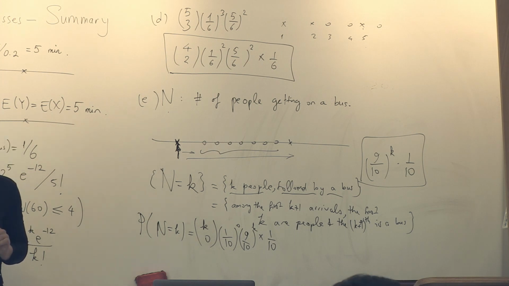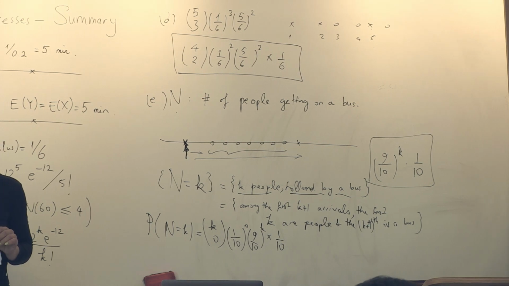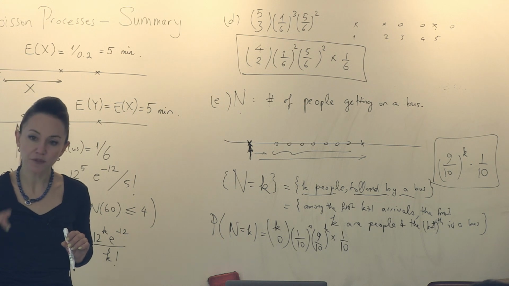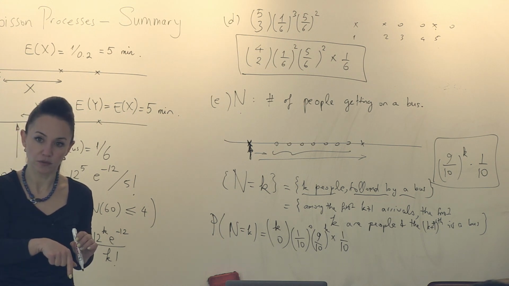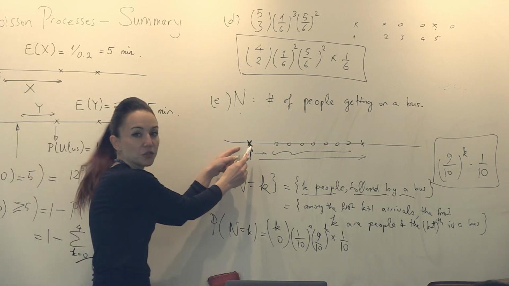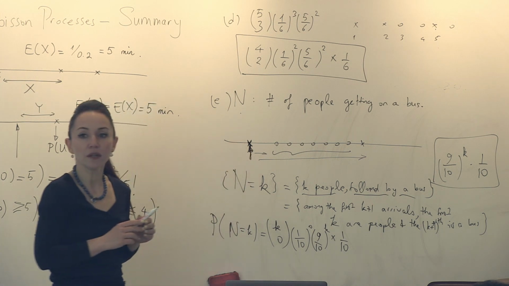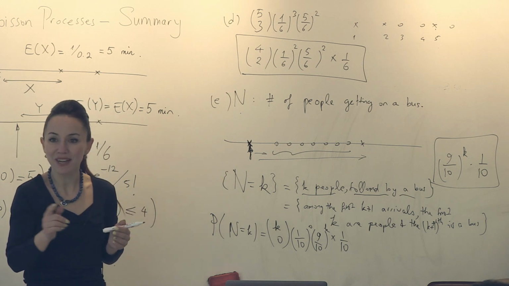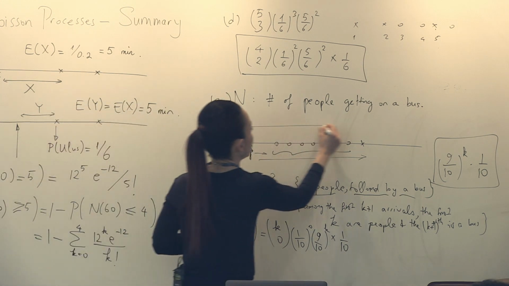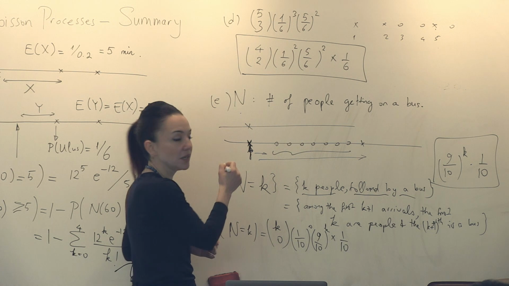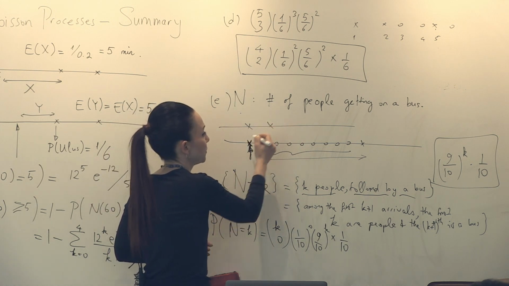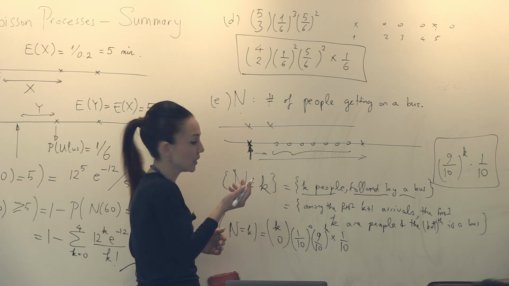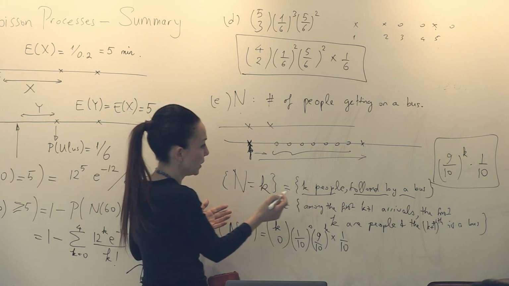So the number of people getting on a bus are exactly the people who arrived at the bus stop after the last departure. Right? This is the last departure. Now there can be 0 people. Maybe that's why you're confused. It is possible that I have another bus departure before anybody comes. And that's possible.